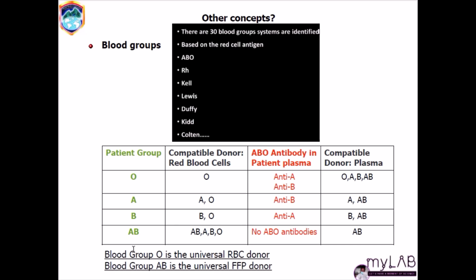The takeaway message is that blood group O is a universal RBC donor, because they usually do not have any antigens on the red blood cell surface, and therefore the recipient does not produce any antibodies against them. And blood group A is the universal fresh frozen plasma donor. Being a plasma donor, it is because they do not have the antibodies; they have no ABO antibodies.